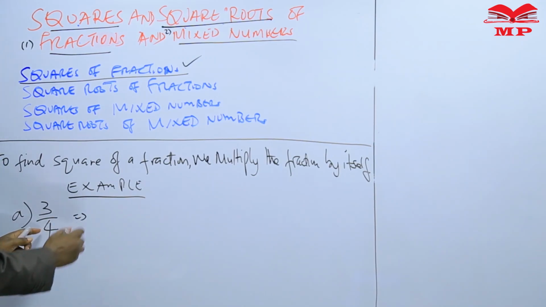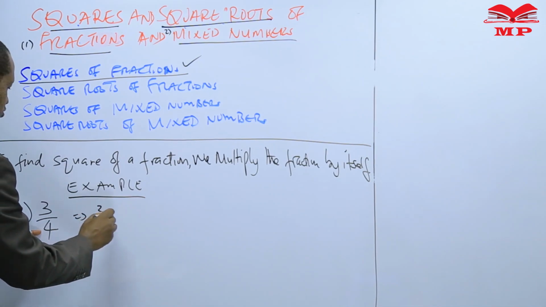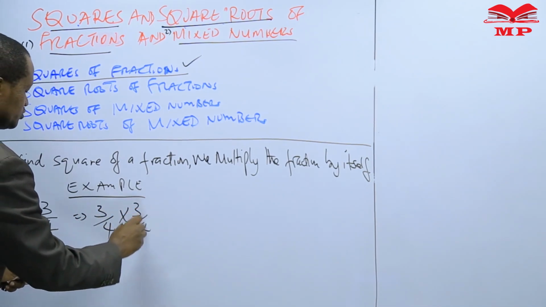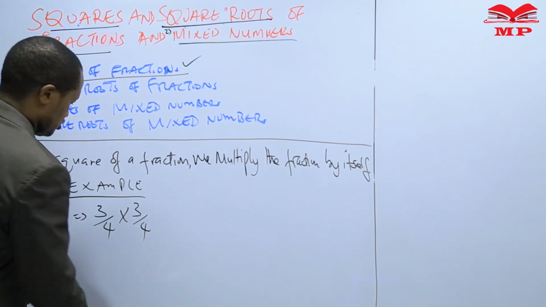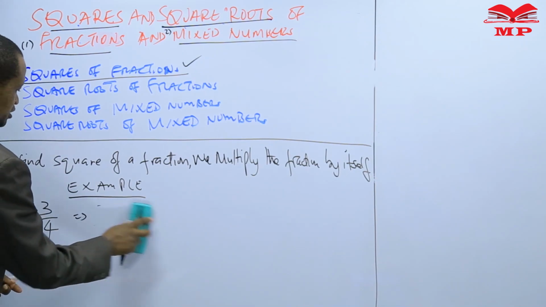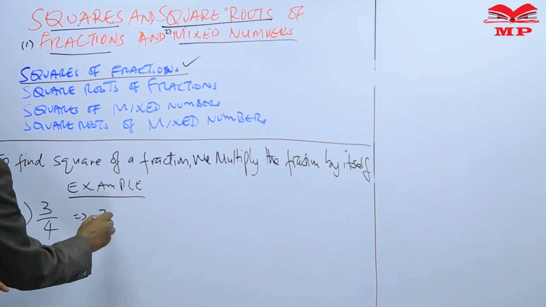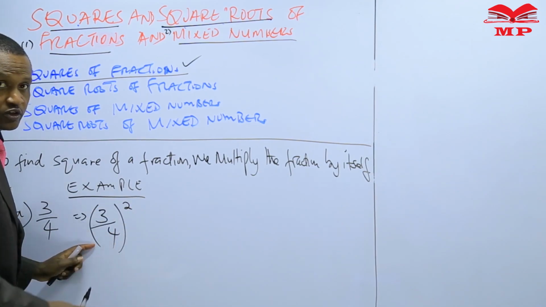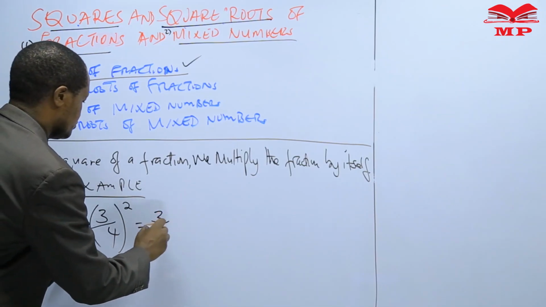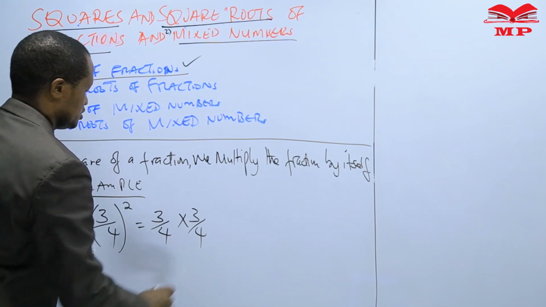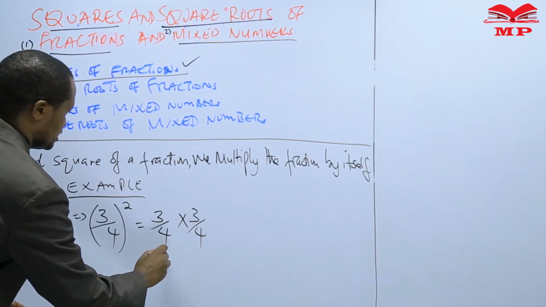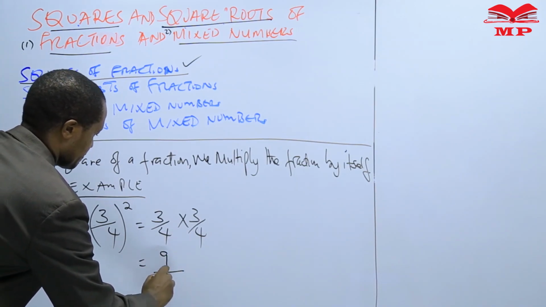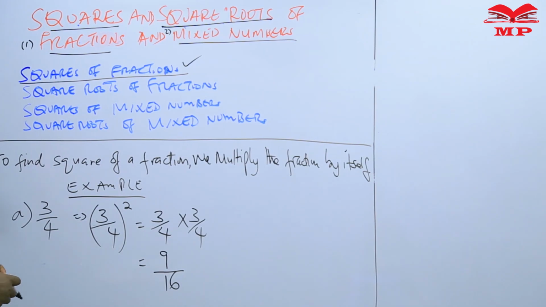The square of 3 over 4 is written as 3 over 4 raised to 2, which is equal to 3 over 4 times 3 over 4, which is equal to 9 over 16. 9 over 16 is the square of 3 over 4.